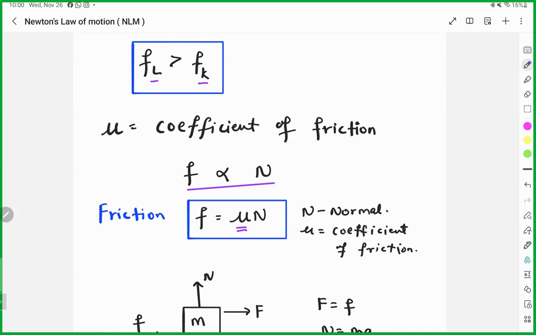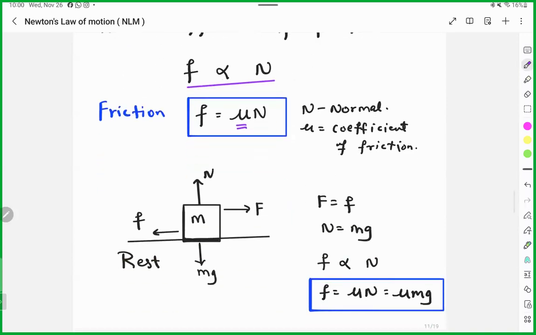Why? The friction exerted by the surface of the kacha road is more compared to the pakka road, right? So this coefficient of friction depends upon the nature of the surface, not the area of the surface. Okay, nature of the surface.